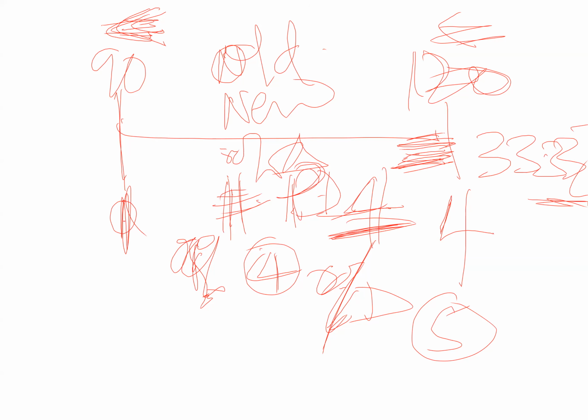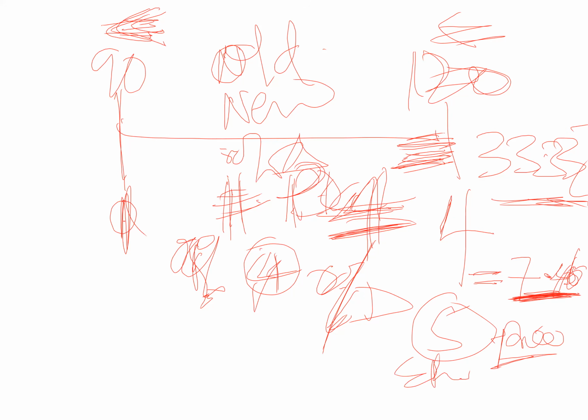Enter 4 at number of periods, go back to percentage change and press compute. What do you get? 7.4569. So this is approximately 7.46. This is the price effect on the return. But the first one is just percentage change.